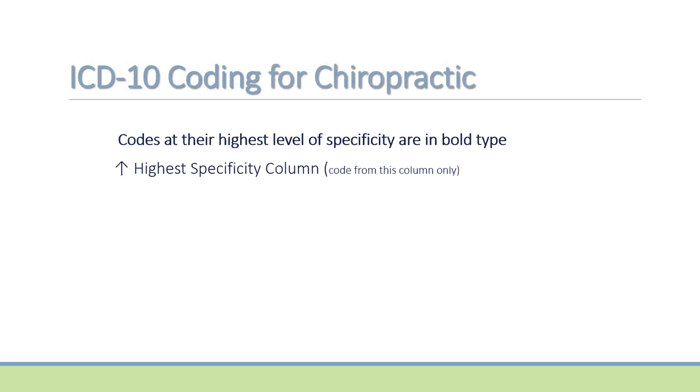ICD-10, the biggest thing, the most important, if you get nothing else out of this, don't just stop at a particular code. Make sure that you're coding at the highest level of specificity. And you'll see this once you get into ICD-10.